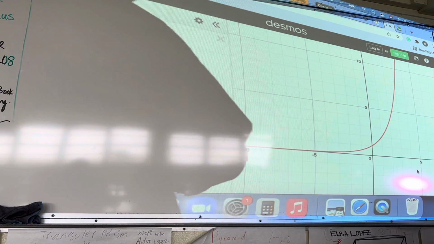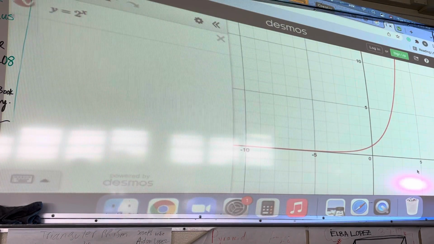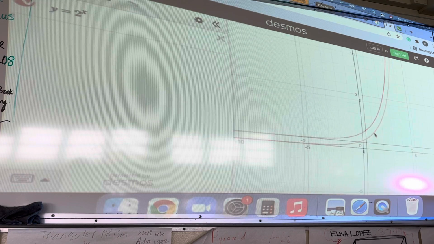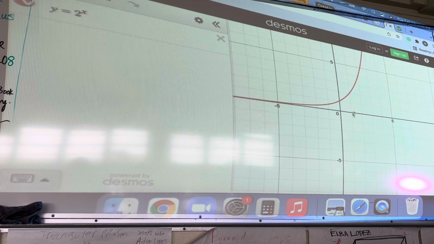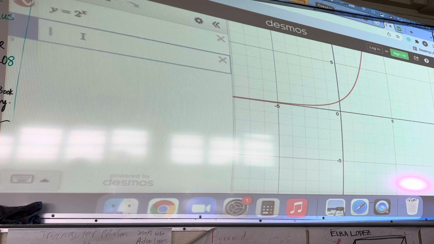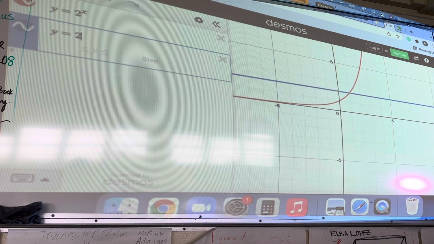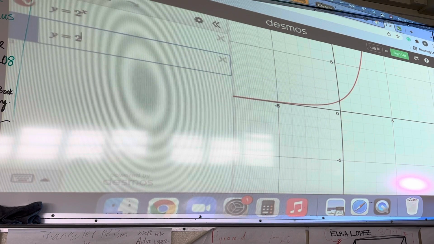Then there's some fun aspects that Desmos lets us do of exploring the exponential curve. So this would be a disease which is spreading. We could also have the effect where something is decreasing in an exponential manner, right? So let's take y equals 2 to the power of minus x, I'm going to use the caret just for quickness.